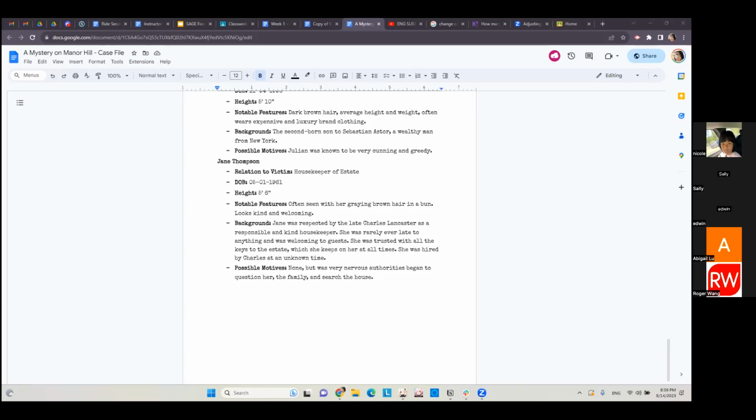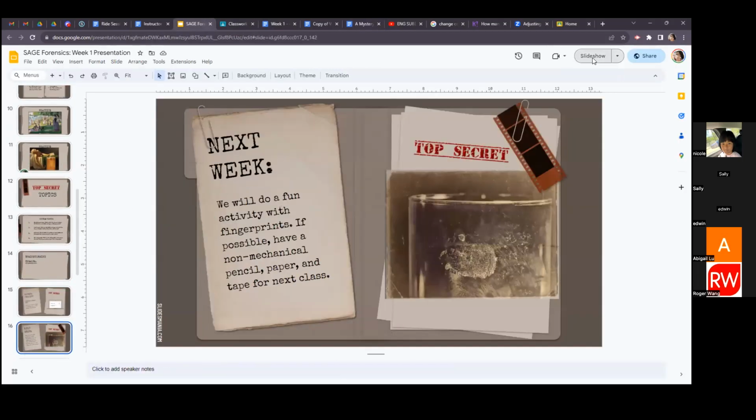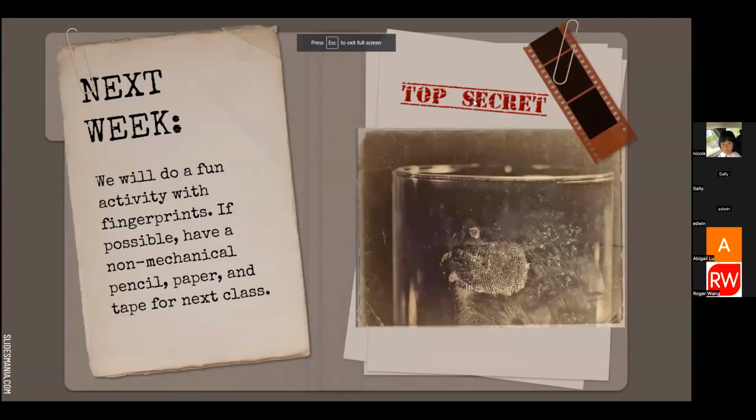Great job. Next time, please bring a non-mechanical pencil preferably. So not this. Bring something like this because you need to be able to leave a lot of graphite on the paper with your pencil.